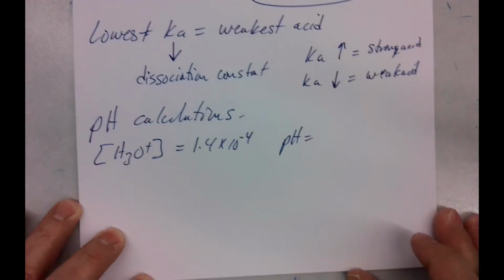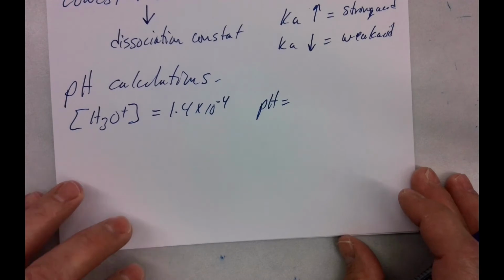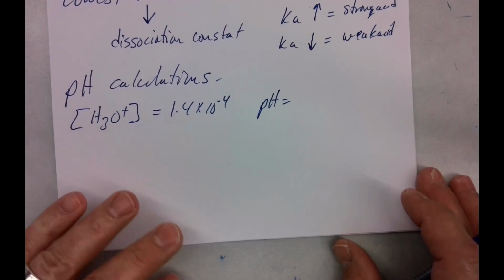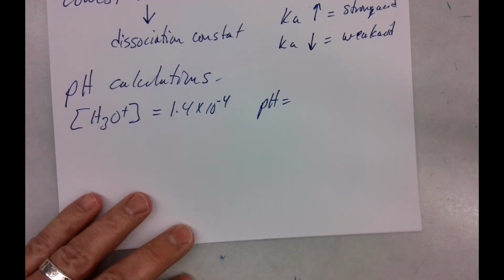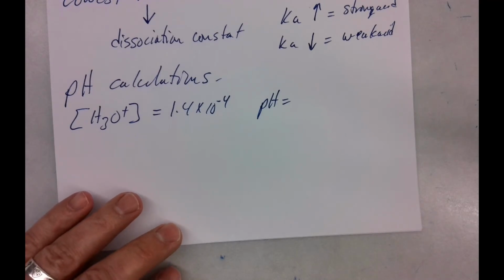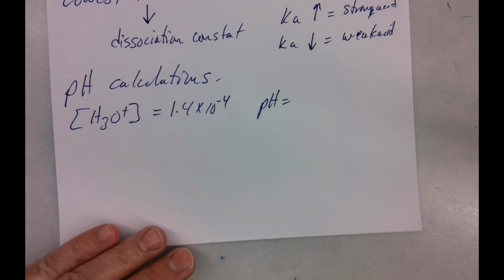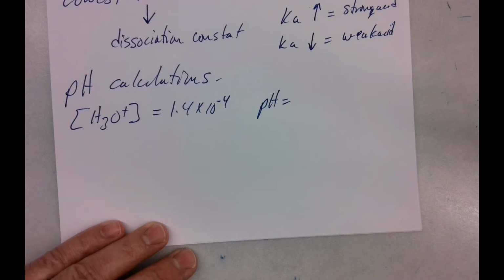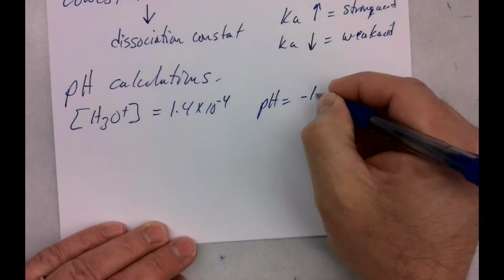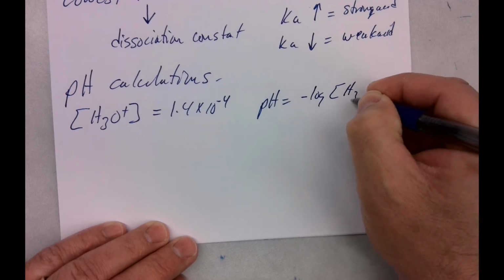Anybody remember how to calculate pH? If I want just the pH, it is just the negative log of H3O positive.